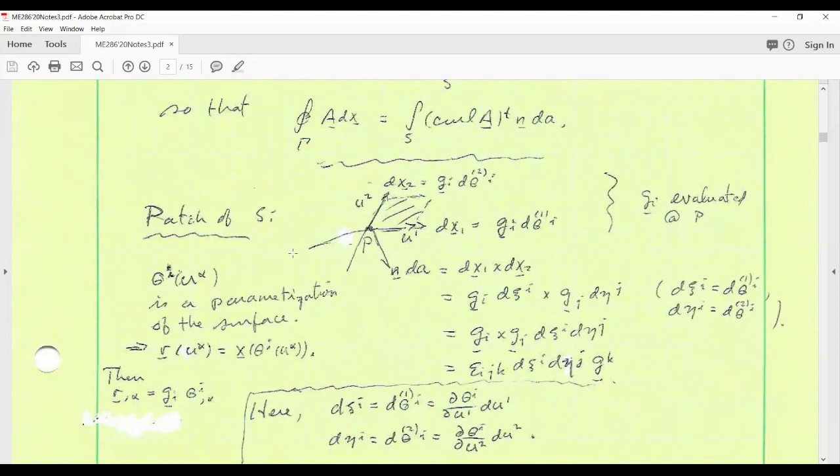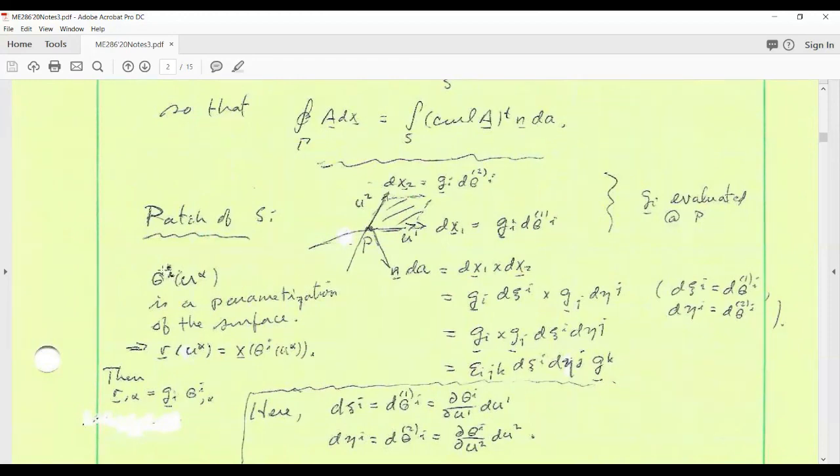Okay, so you can think of coordinate curves, say u super 1 and u super 2 coordinate curves, etched on the surface passing through the point P. And we'll have a normal n dA, which is an oriented surface measure on the surface.